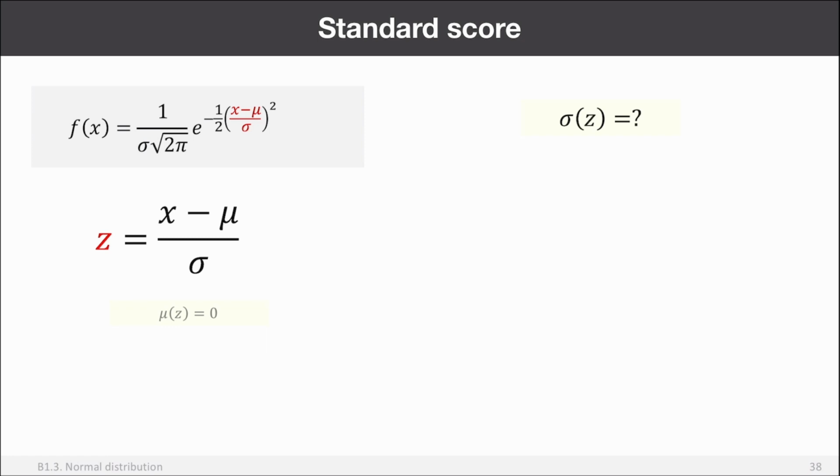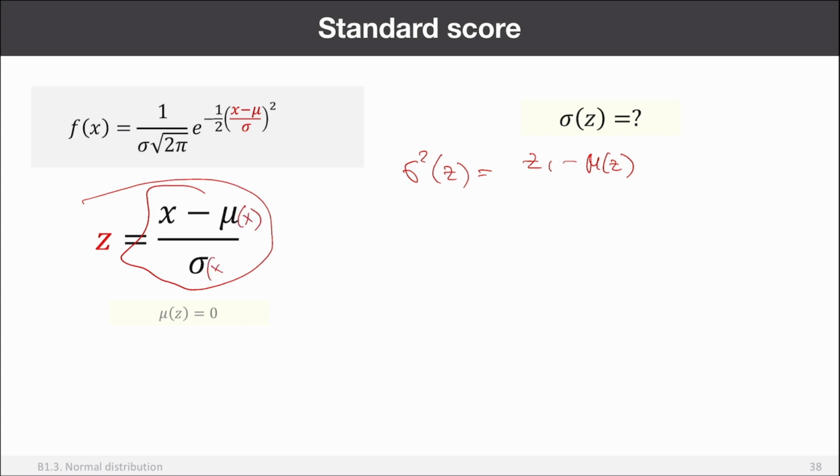Let's compute the variance. It will be (z1 minus mu of z) squared plus z2 and so on plus (zn minus mu of z) squared, divided by n. I write mu of z to separate it, because this is mu of x values and this is mu of z.